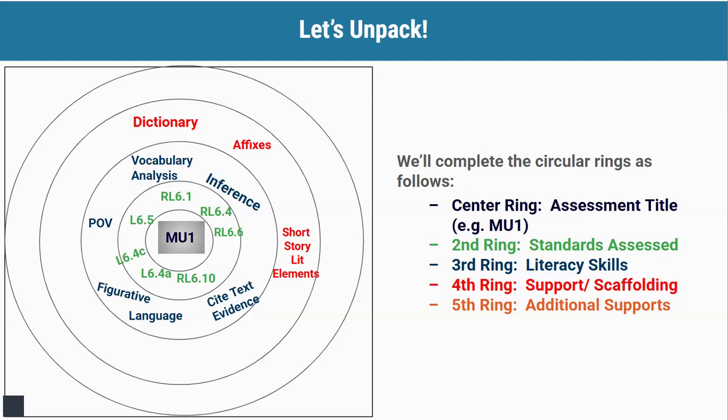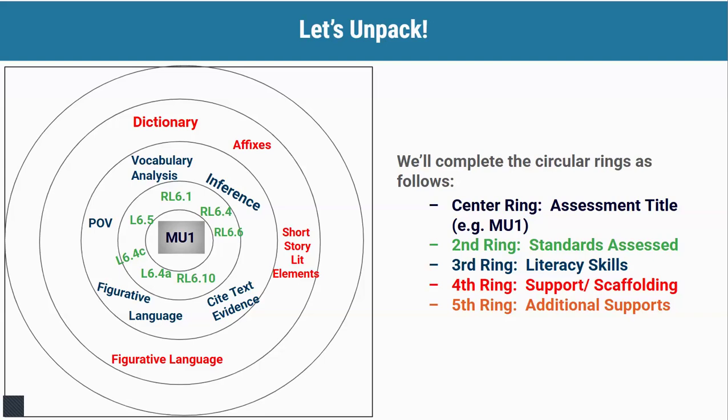When I was in the classroom teaching sixth grade, I talked about story literary elements every day. As a matter of fact, I had short story literary elements running around the molding of my classroom. So it was always there in front of my students. They always saw it, and it was really a part of our academic language in our class. They're going to need it in order to be successful for this assessment. Figurative language, we named that before, that they are going to have skills in utilizing and understanding figurative language.